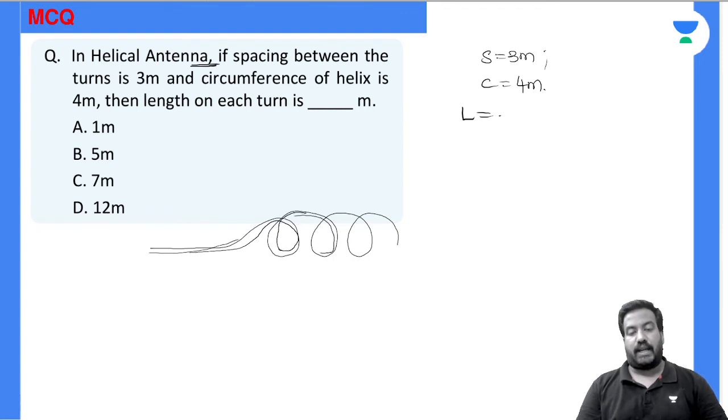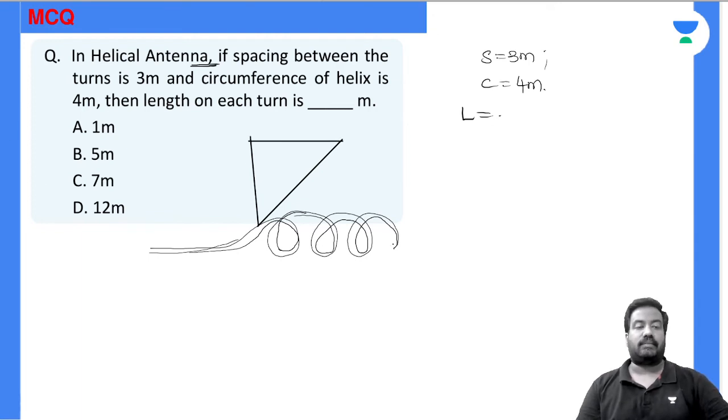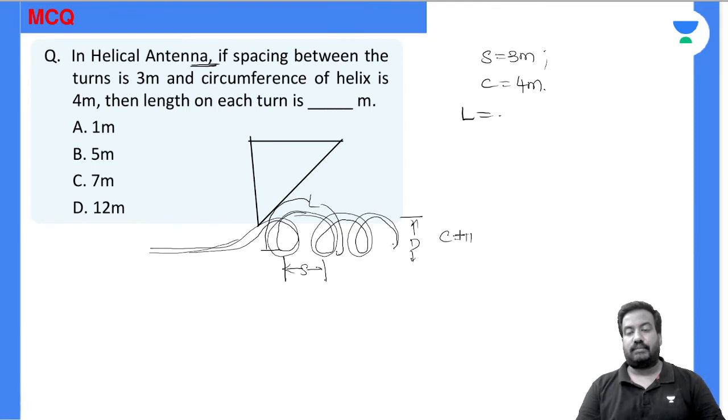When you consider a helical antenna, this is the length on each turn, this is the circumference, and this is the spacing. This d is the diameter, pi into d is the circumference. This is C, this is spacing S, and this length on each turn is L, and this is alpha, the pitch angle.